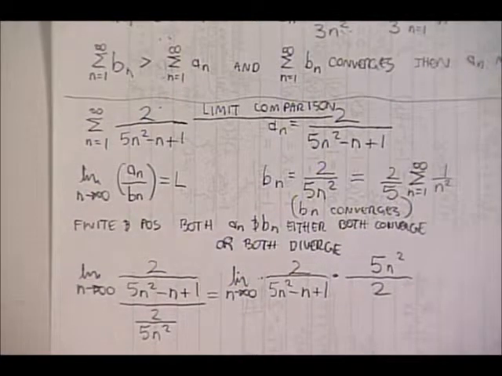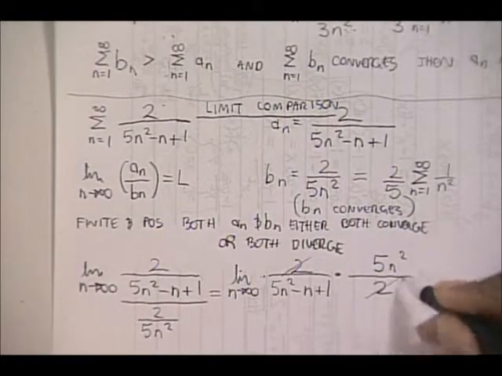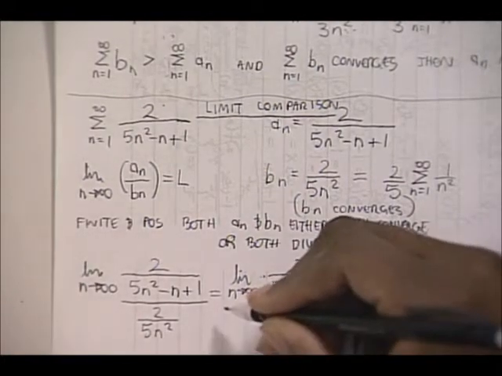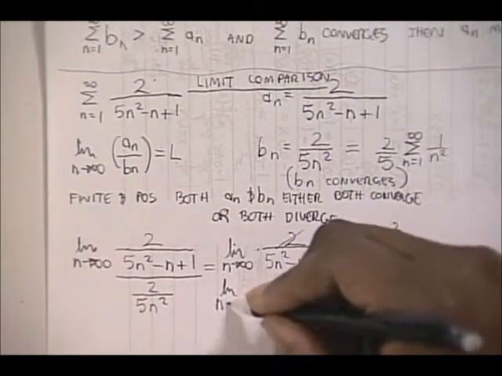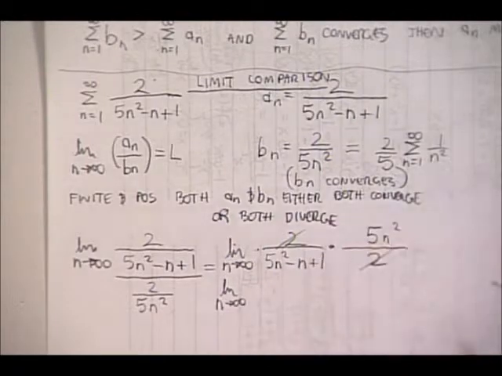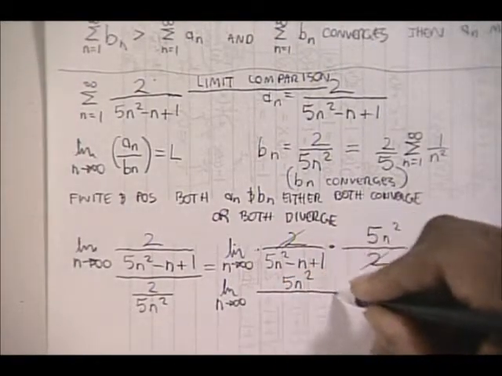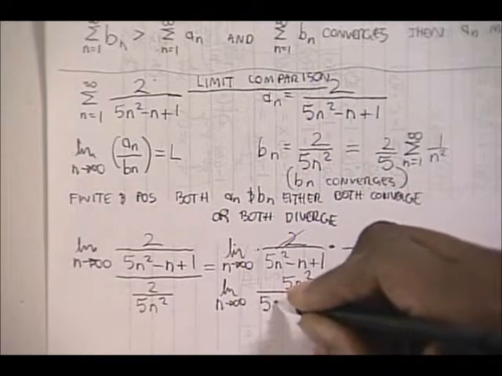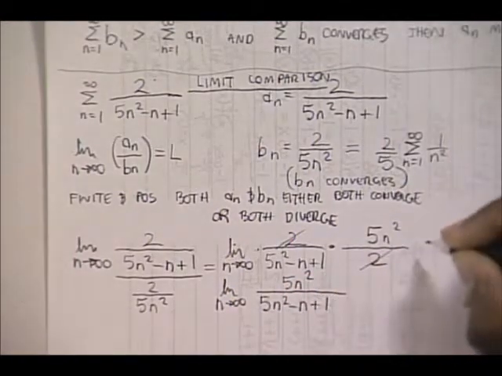All right. So what you experience here is a cancellation of the 2's, and now what you have is the limit as n approaches infinity of 5n squared over 5n squared minus n plus 1. All right, you evaluate this limit.